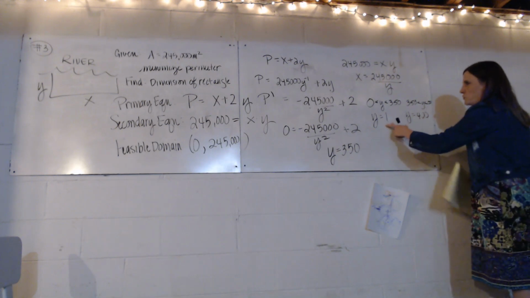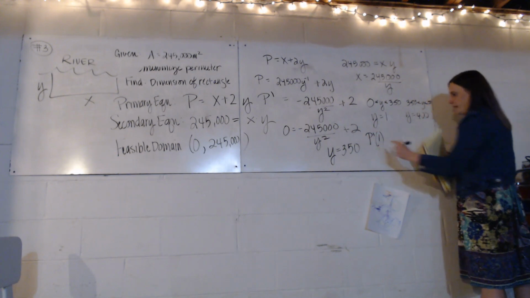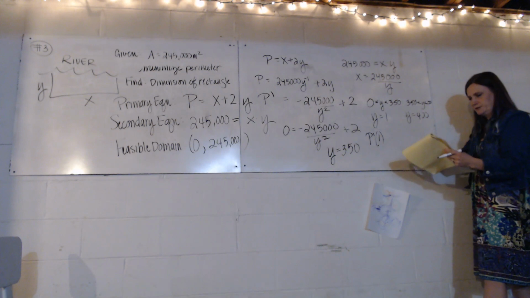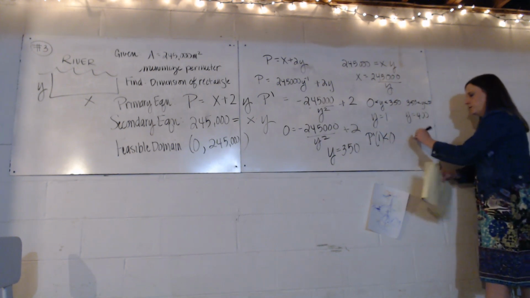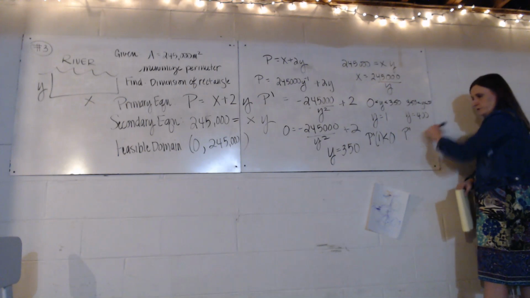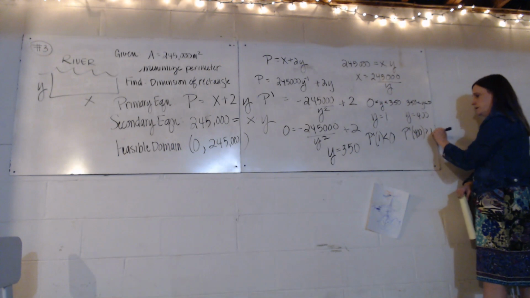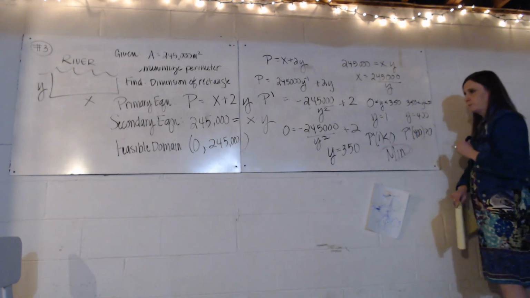The first derivative at 1 is negative, so it's less than 0. And the first derivative at 400 is greater than 0, which verifies that this is a minimum, and I was trying to minimize that perimeter.